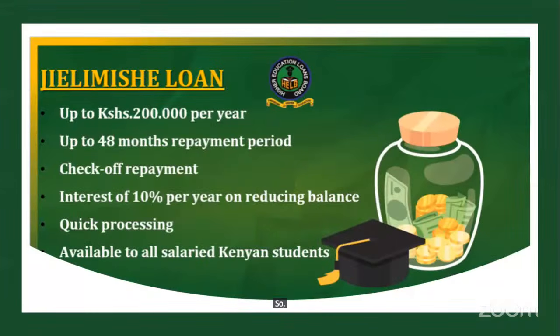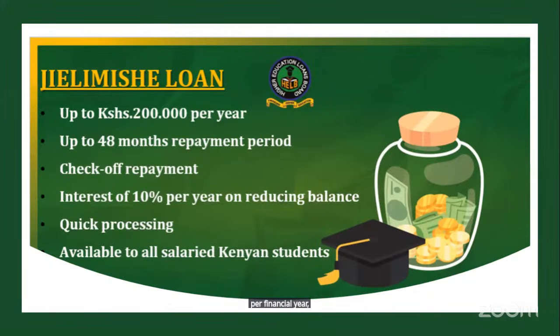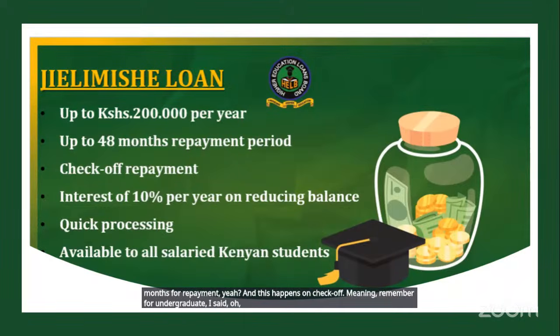So the GLIMISHE loan. We get up to 200,000 per financial year. You have 48 months for repayment. And this happens on check-off, meaning, remember for undergraduate, I said you could go to Singapore and come back?